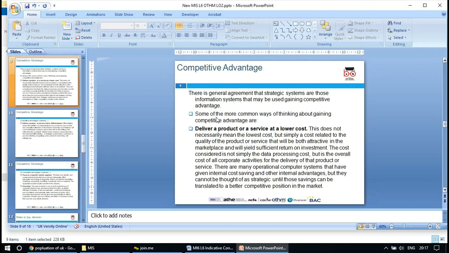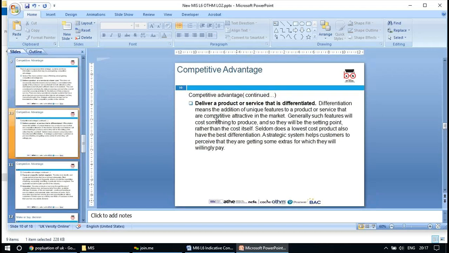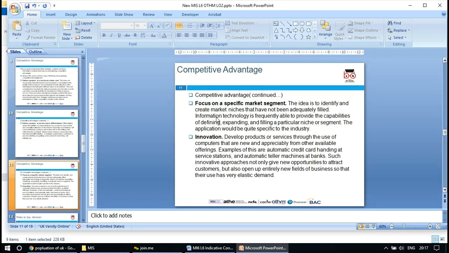The second one is to deliver a product or service that is differentiated, like it should have more qualities than the others, isn't it? Third, focus on a specific market segment. So you should know exactly where you are trying to sell, whether in an existing market or creating a new market.